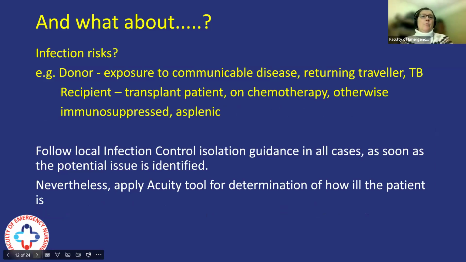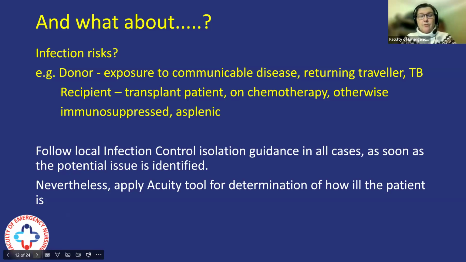Next thing we were asked about, what about infection risks? So there's two infection risks. There's the donor, that's the person who's got the infection already and would like to helpfully share it with all of us. So that would be the people who were delighted to come back to Britain when they were trapped wherever that had COVID.